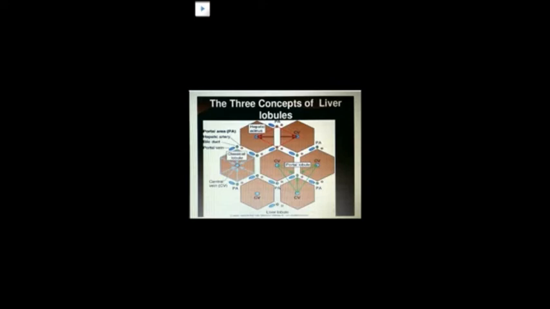Here the triad is formed by the portal vein, bile duct, hepatic artery, which is away from the central vein of a hexagonal lobule. So all these are different physiological, anatomical, functional lobules.